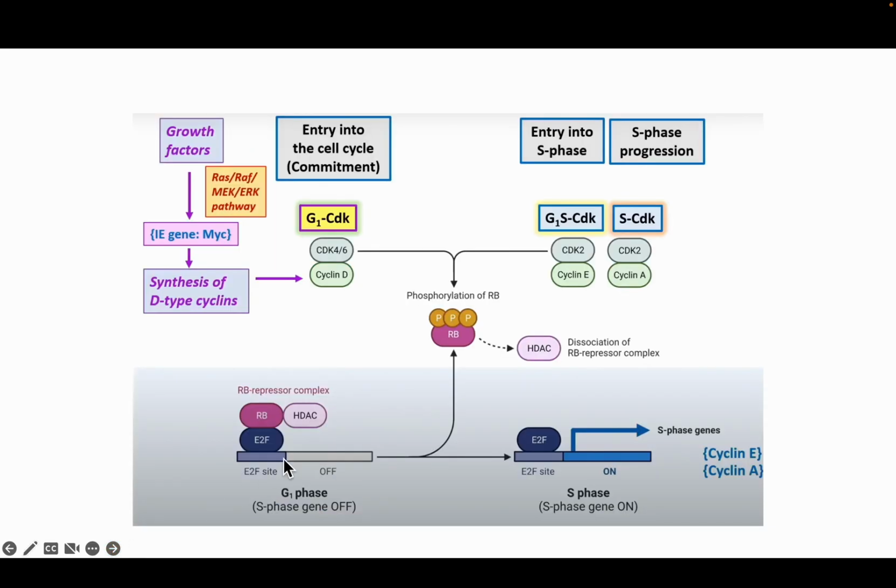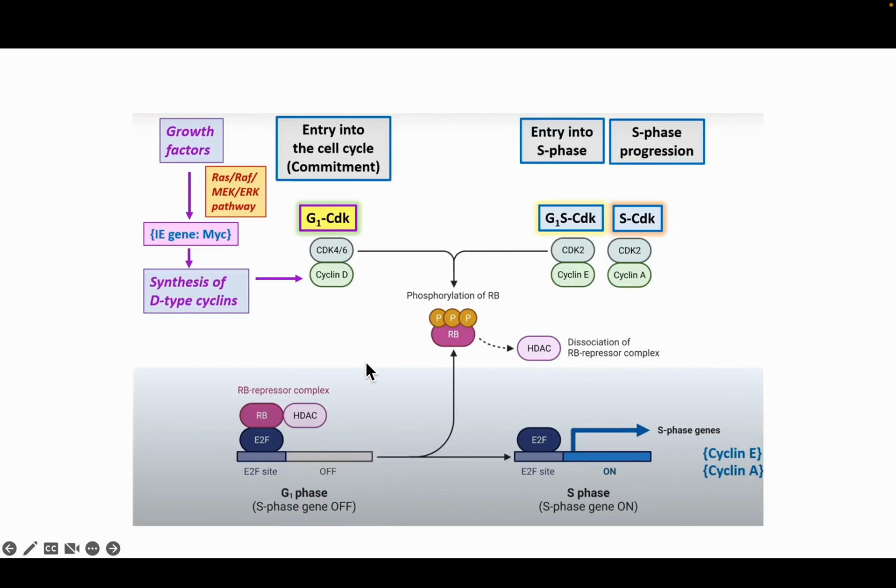Okay, so here also you can see that phosphorylation of the retinoblastoma protein can affect upregulation and downregulation, in such a way that if retinoblastoma is not phosphorylated, it will bind with E2F, and it will stop the genes which are necessary for S phase.